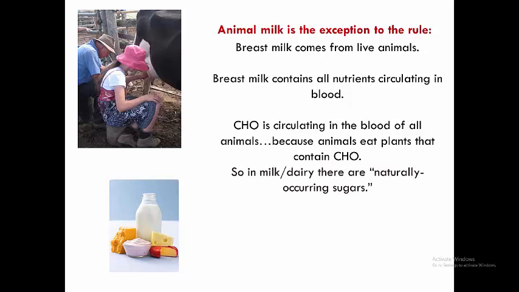Whether it's a woman or a cow, it's exactly the same situation. So if there's carbohydrate in breast milk because there's sugar in a living mammal's blood, then that means that there are naturally occurring sugars in mammalian breast milk.